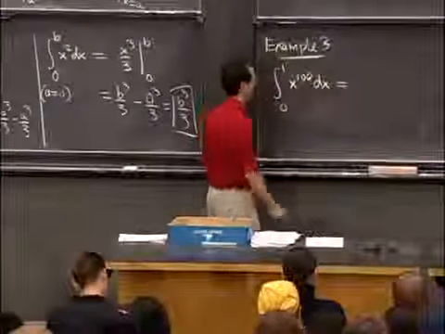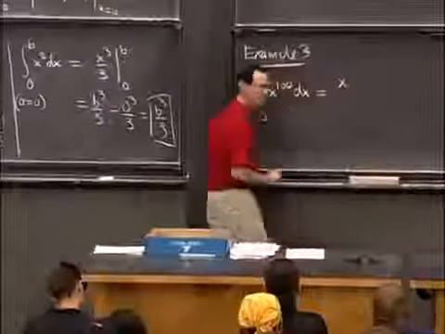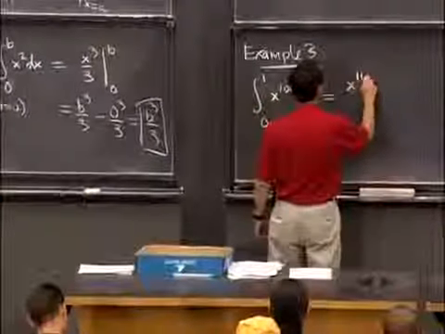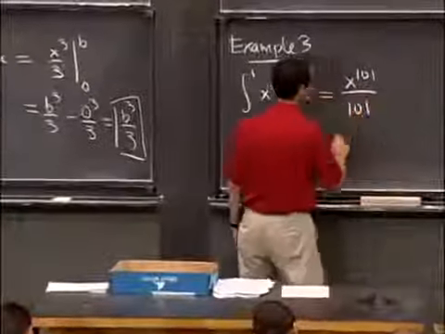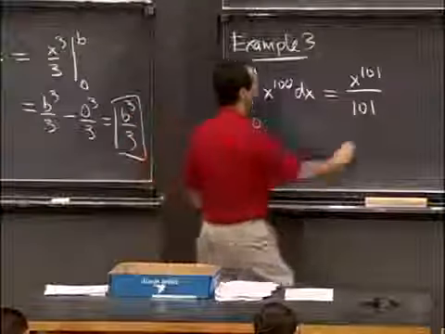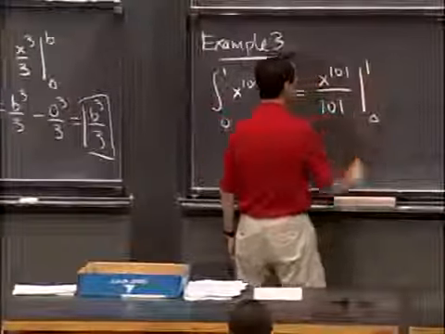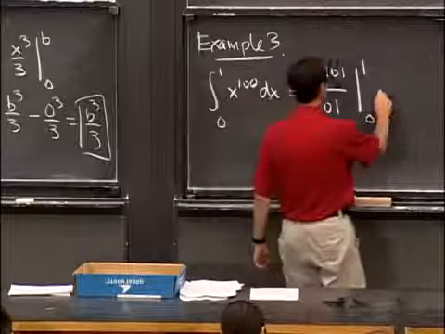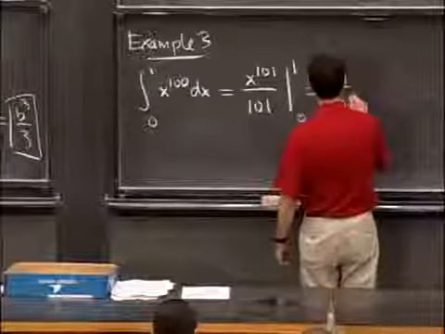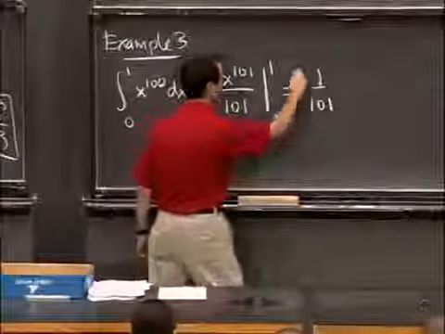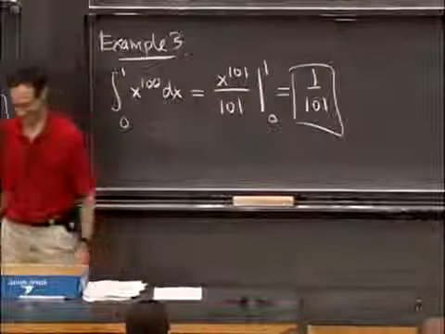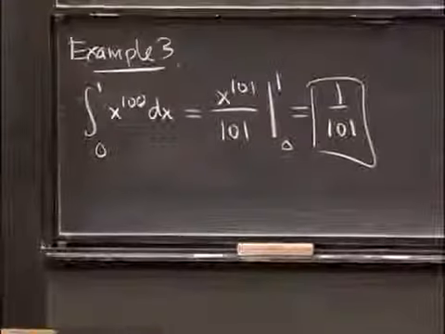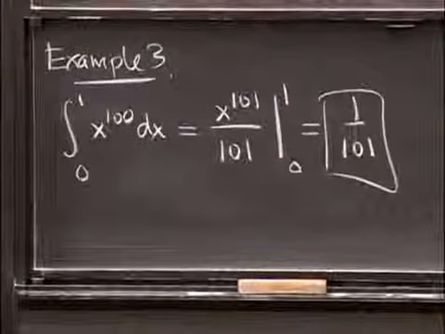So here we have the antiderivative is x to the 101 divided by 101, evaluated at 0 and 1. And that is just 1 over 101. OK? That's that. All right. So that's the fundamental theorem.